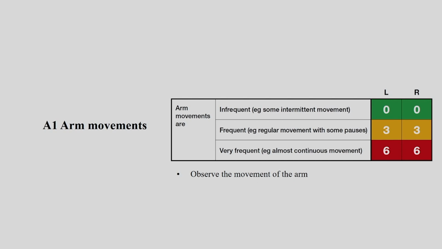Frequent, regular movement with some pauses, then the value is 3 and the color is amber. And very frequent, that is almost continuous movement, the value is 6 and the color is red. So, observe the movement of the arm for a particular shift for a particular duration, and from there you should arrive at this particular scoring value.